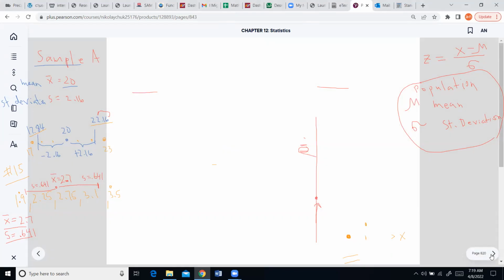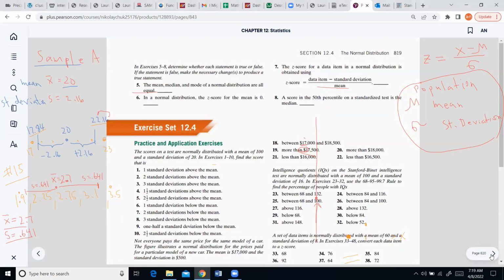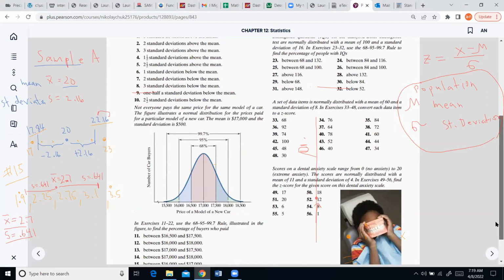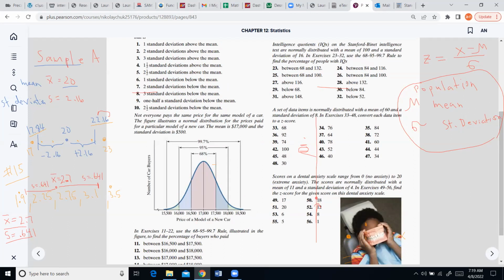So let me go to the section end and try to convert some of these z-scores, like, for example, exercise number 33. So I think for homework it could be a good idea to just look at this group of exercises for now. Don't worry about the others. We'll talk about them next time.